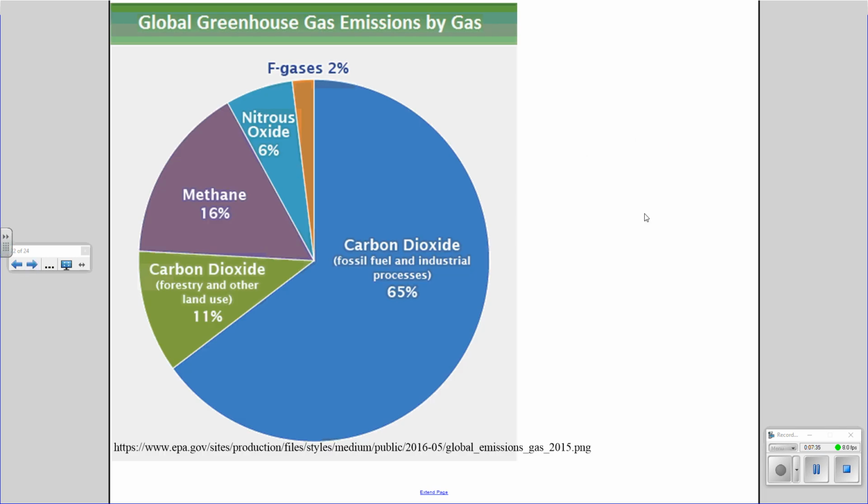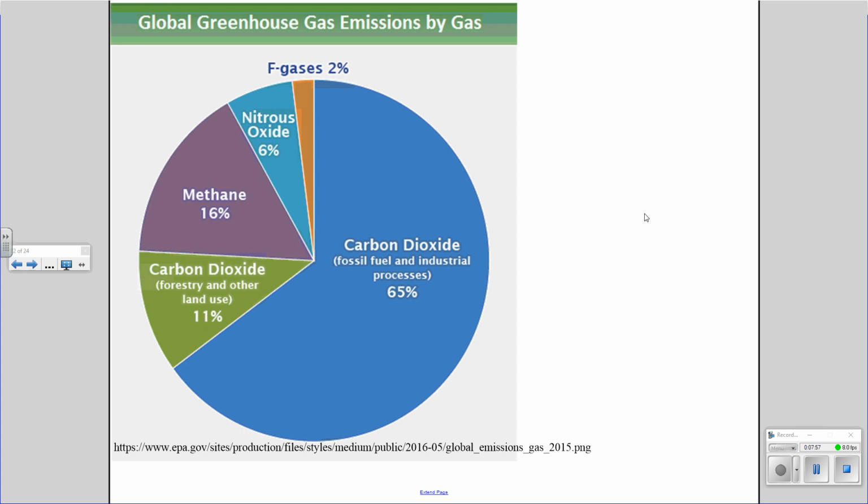Now, we as humans, from an anthropogenic source, produce a lot of the greenhouse gases. For example, carbon dioxide: about 65% comes from fossil fuels and industrial processes. Then the other carbon dioxide from forestry and other land use.